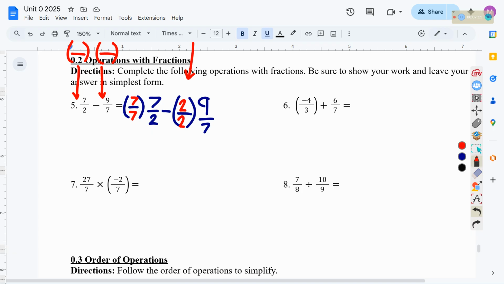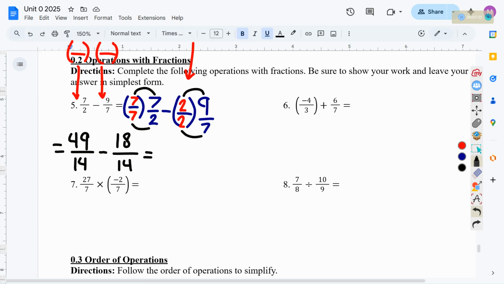The next thing we do is we multiply out the tops and the bottom so that we can combine everything. So we have on top, 7 times 7 is 49. And on the bottom, 7 times 2 is 14. And we got minus. Then for this fraction, we have 2 times 9 is 18. And 2 times 7 is 14.